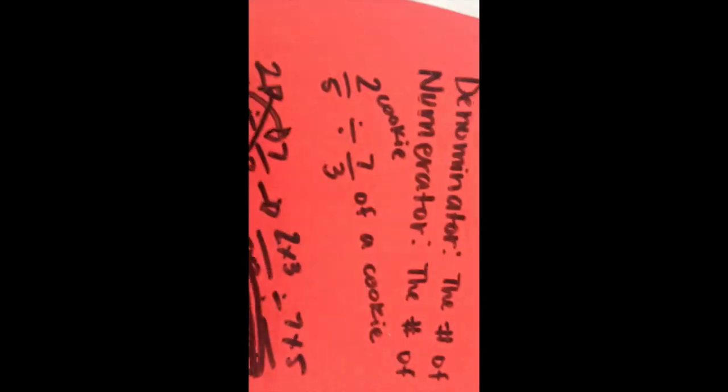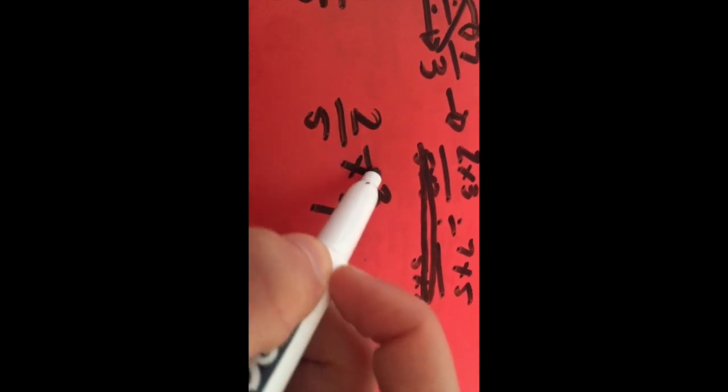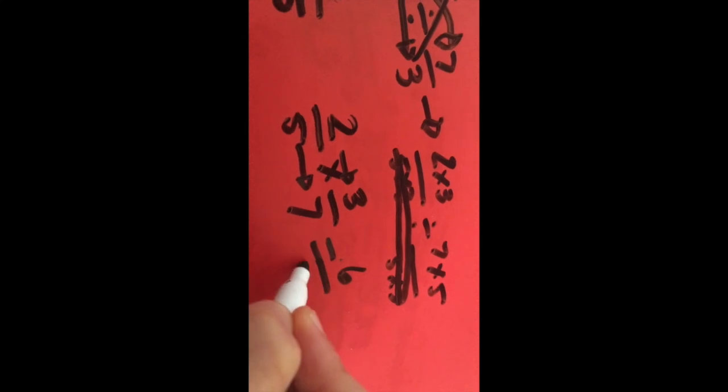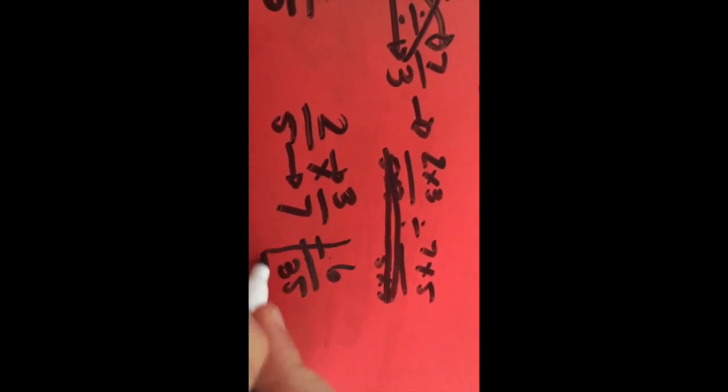So if we look back at our original problem, we had 2/5 divided by 7/3. So now what we have here is the inverse of the second fraction. We know that when we see a fraction division, all we have to do is inverse and then multiply. So we just multiply across, and that gets us 6 over 35. And that would be our answer, right?